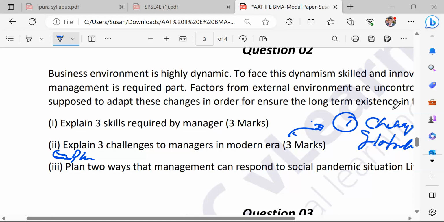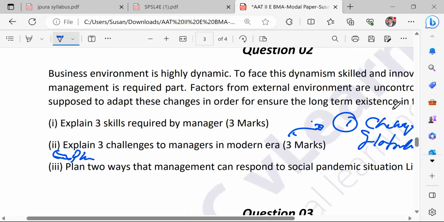They can improve technological infrastructure and let people work from remote locations. In a pandemic situation, social distancing is expected, so people work at home, the same way we worked at home in the COVID-19 period. That is one you can explain.